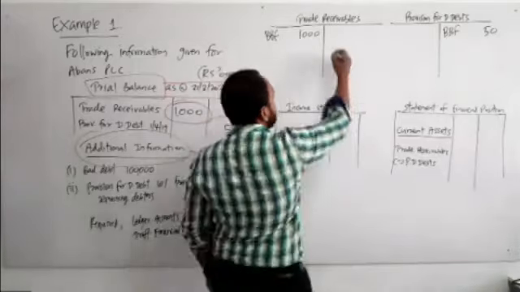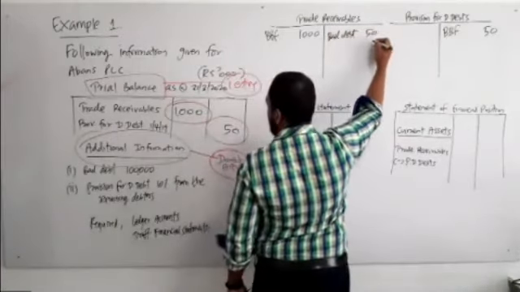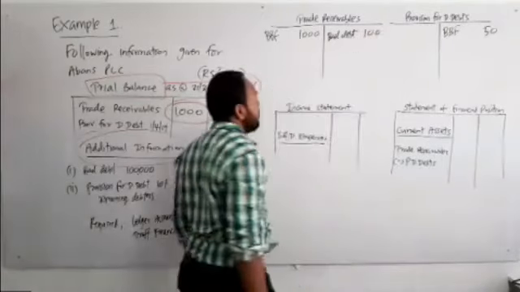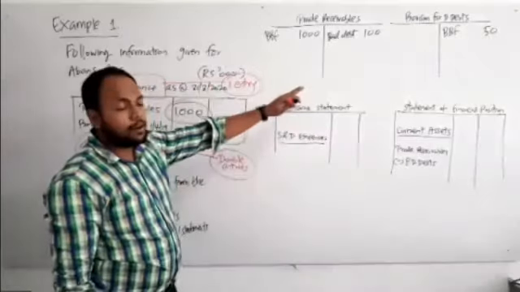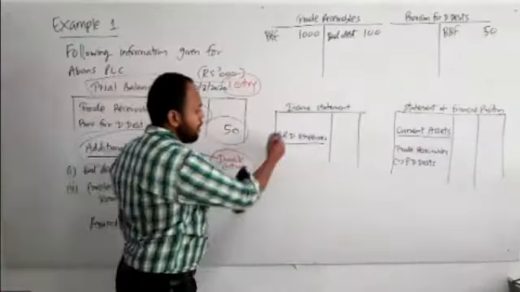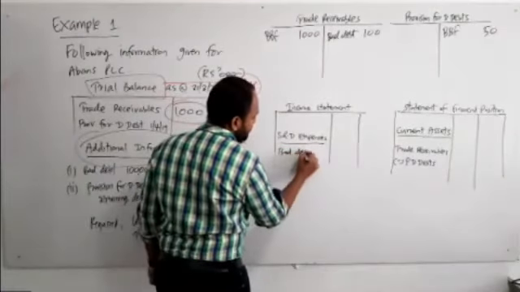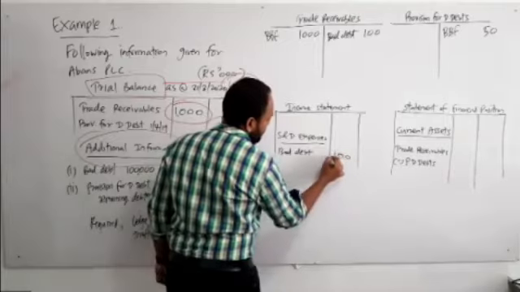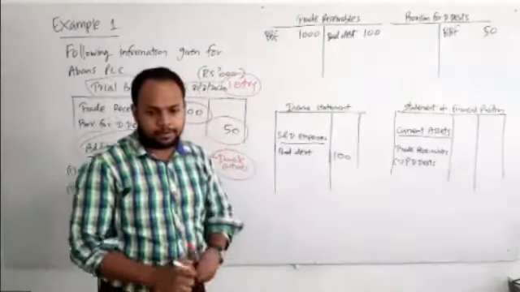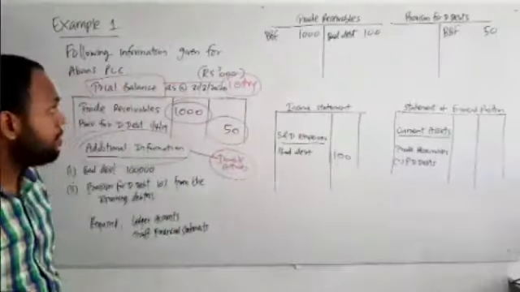So we credit the debtors account, bad debt 100,000, and debit the expense account. The expense account is selling and distribution expense, bad debt 100.